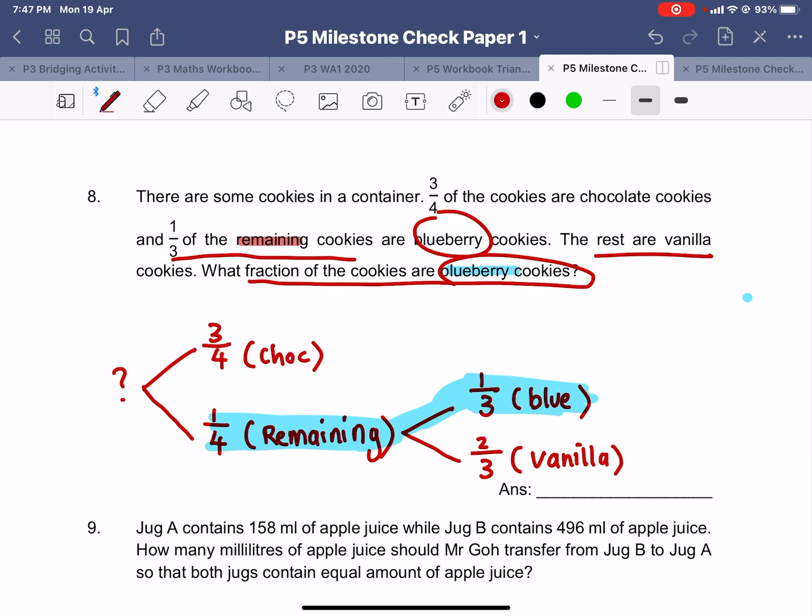Now remember, the branch represents multiplication. So all we have to do is to take 1/4 times 1/3. And we will have the answer 1/12. Alright, so this is a simple branch where it arrives at your answer immediately. Alright, because it's only a single branch. Alright, just remember, branches means multiply.